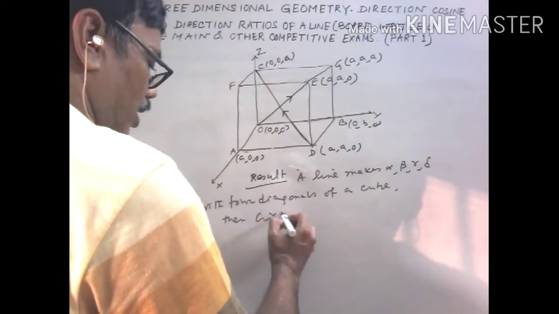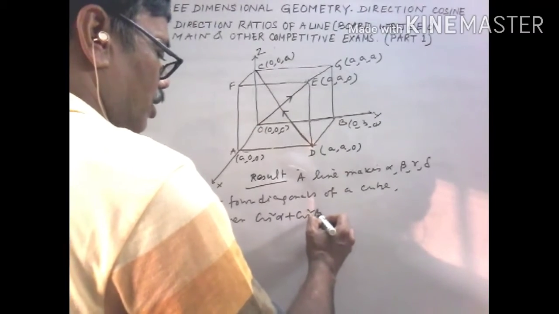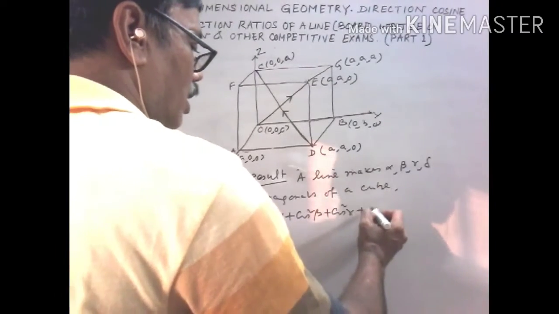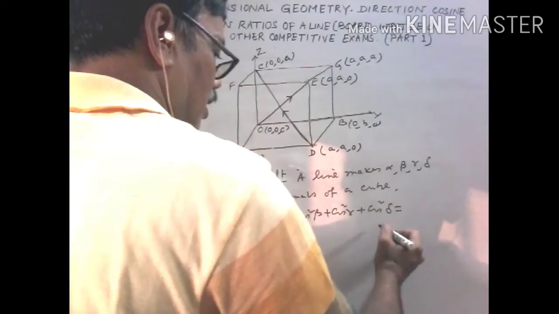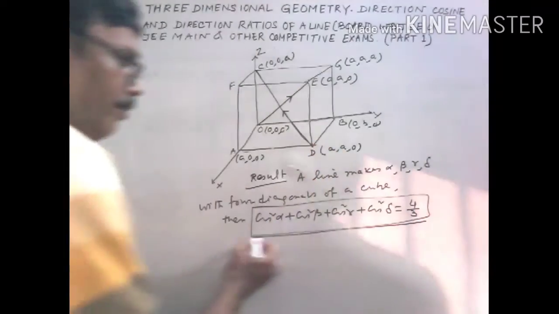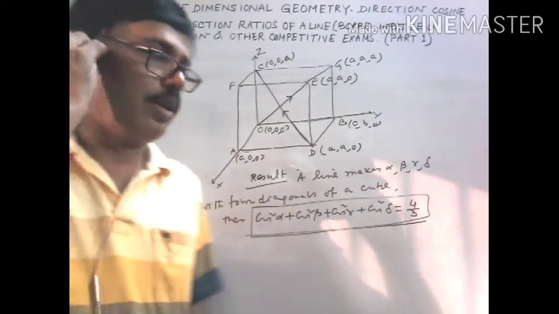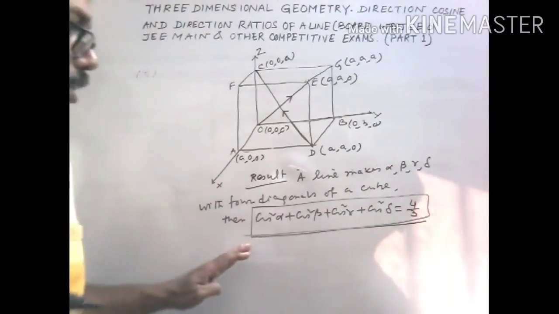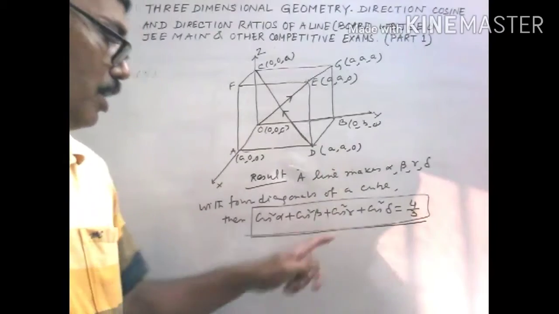Then cos square alpha plus cos square beta plus cos square gamma plus cos square delta equals 4 by 3. So you have to find the ratios of the 4 diagonals.